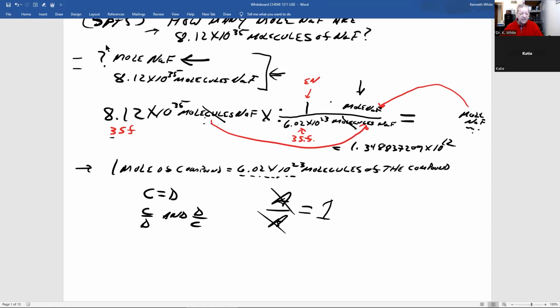So this is 3. Exact numbers do not count. This is 3. The lowest number is 3. I'm going to let you round this off to 3 significant figures, and then I will. Your turn.